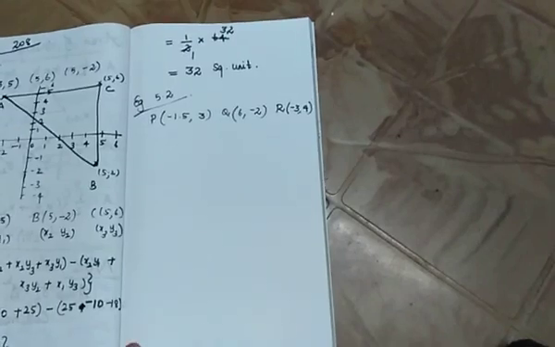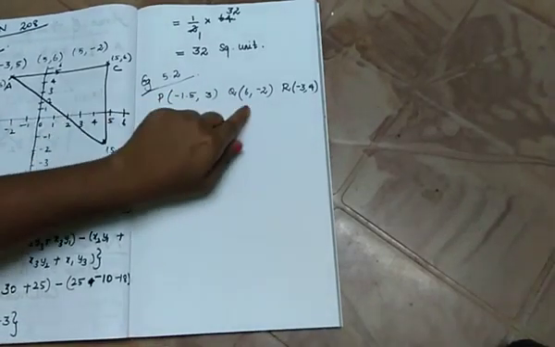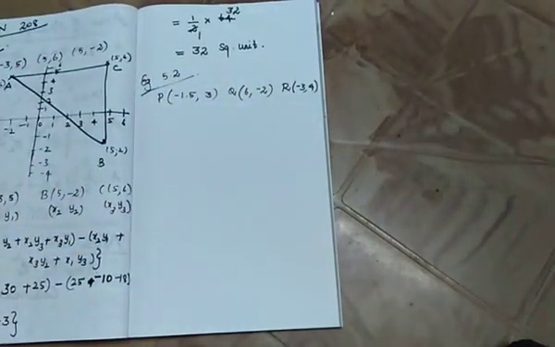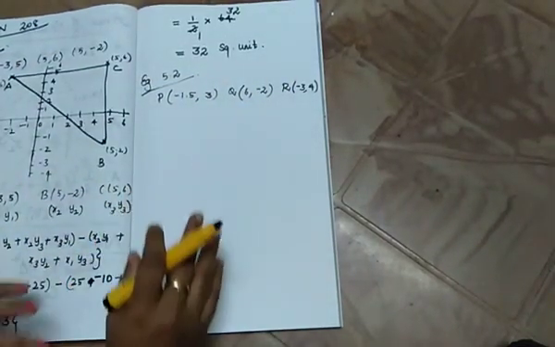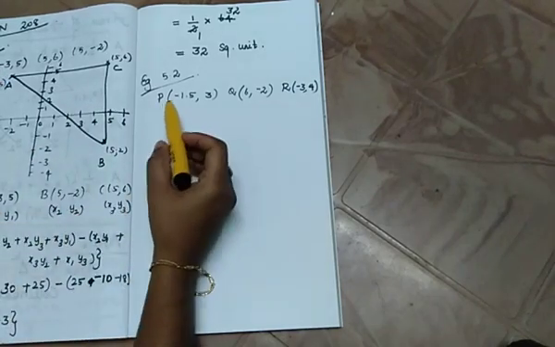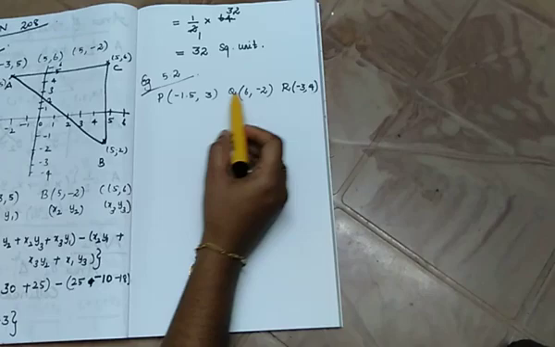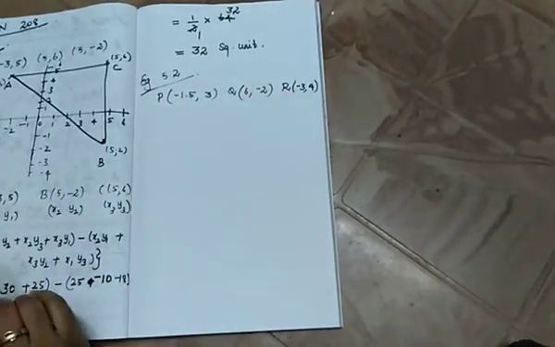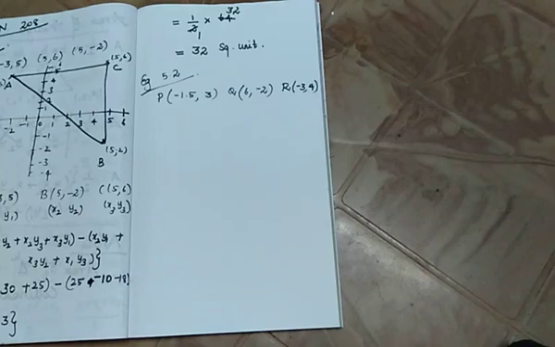For these 3 points, there is no need to draw the graph as we did before, because here they particularly mentioned P, Q and R in the respective order.